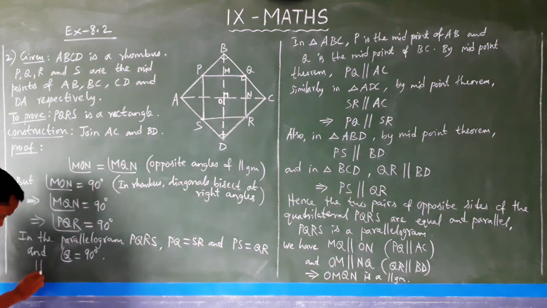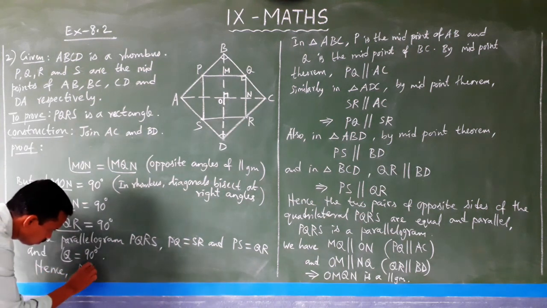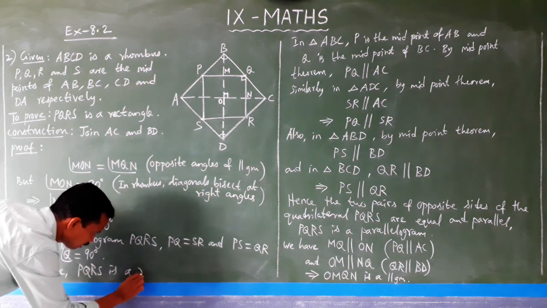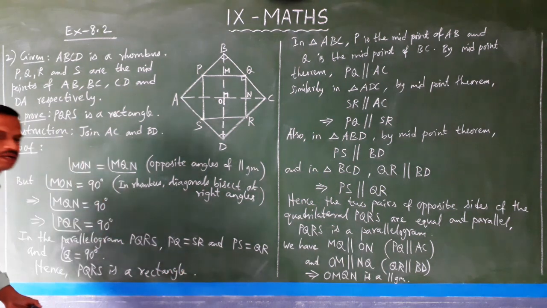Hence, PQRS is a rectangle. Easily we can say PQRS is a rectangle.